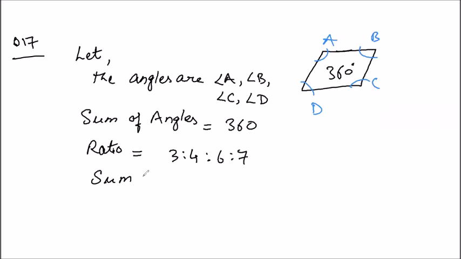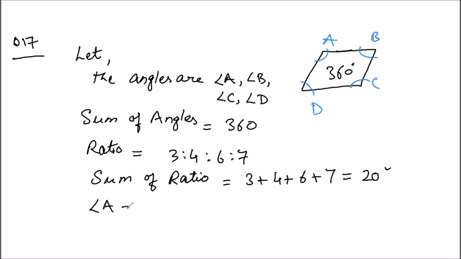First of all, find sum of ratio. Seven and 6, 13, and 4, 17, and 3, 20. It means sum of ratio is 20. Now we can easily find out angles.